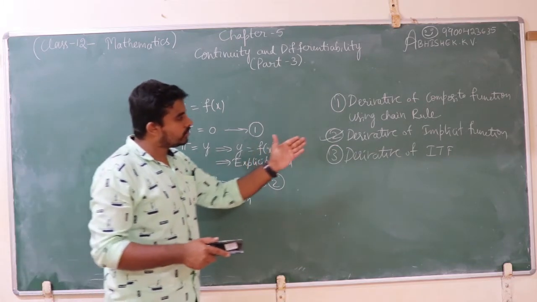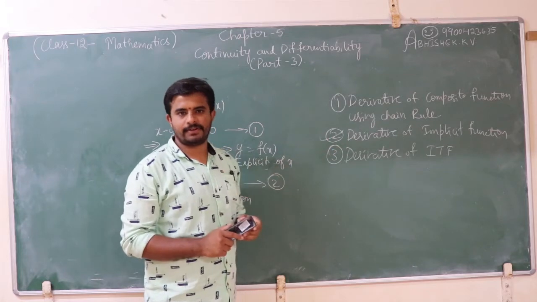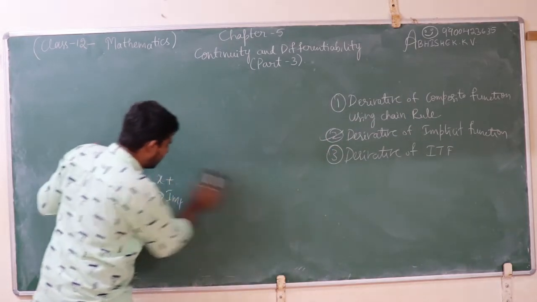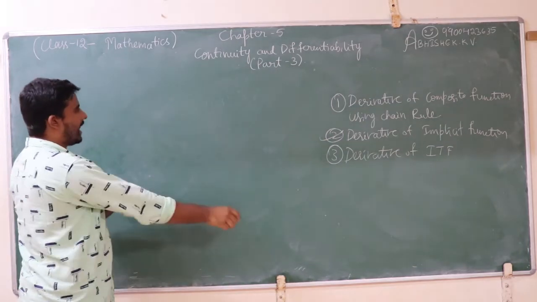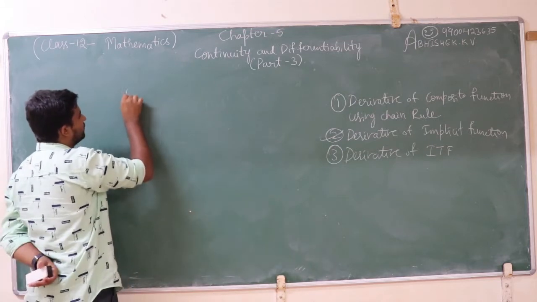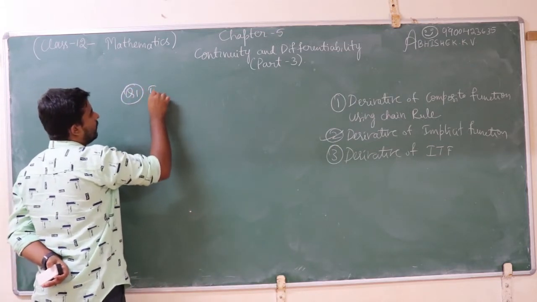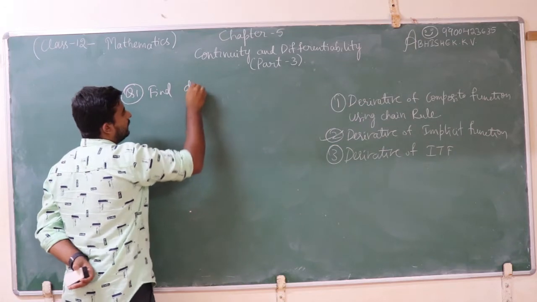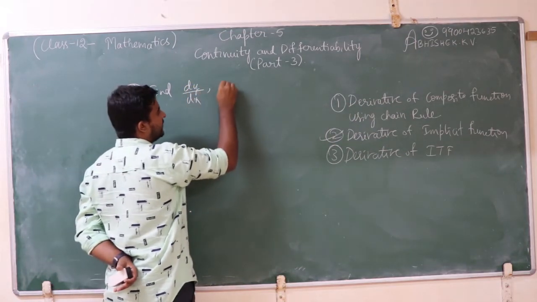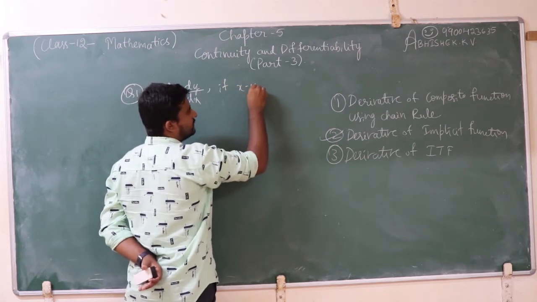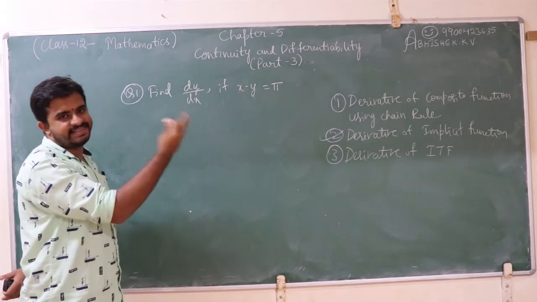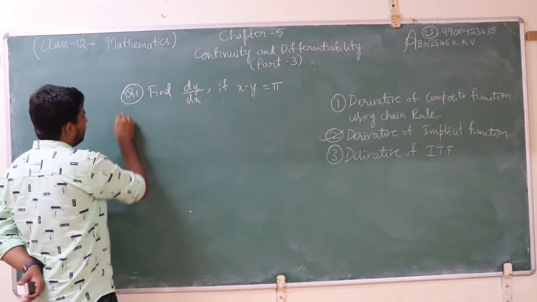So let us move on to the derivative of implicit function. How can we solve that? For your annual examination, the examiner likes to ask these types of questions from the derivative of implicit function. The question is: find dy by dx if x minus y is equal to pi.